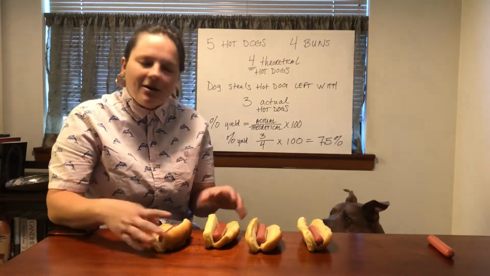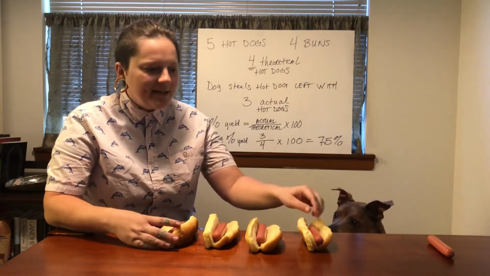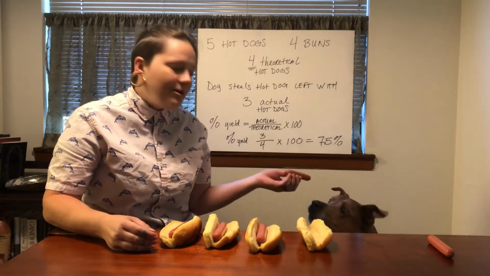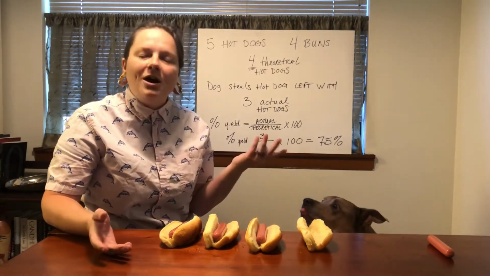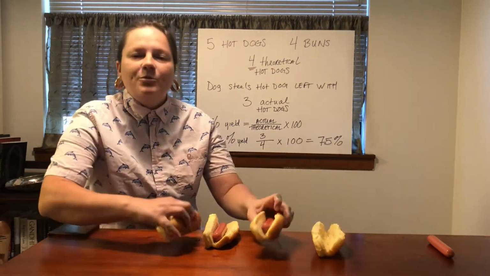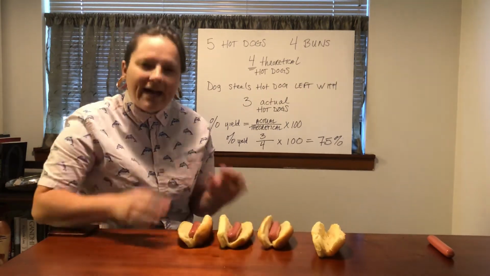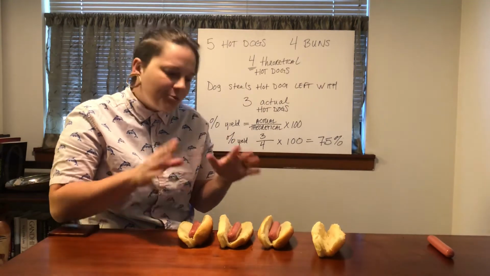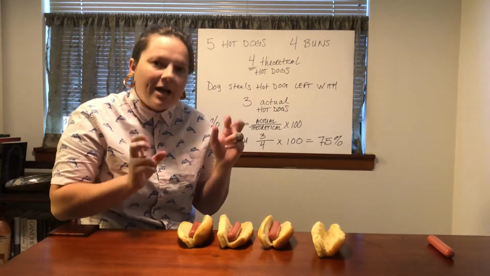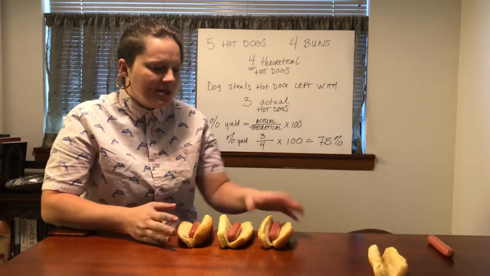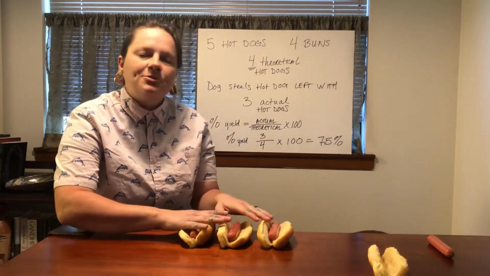So if we take our hot dogs, for example, say that I have 4 hot dogs and I'm cooking and my dog eats a whole hot dog. Now I am left with 3 actual hot dogs, or 3 actual yield. So this is my actual yield.